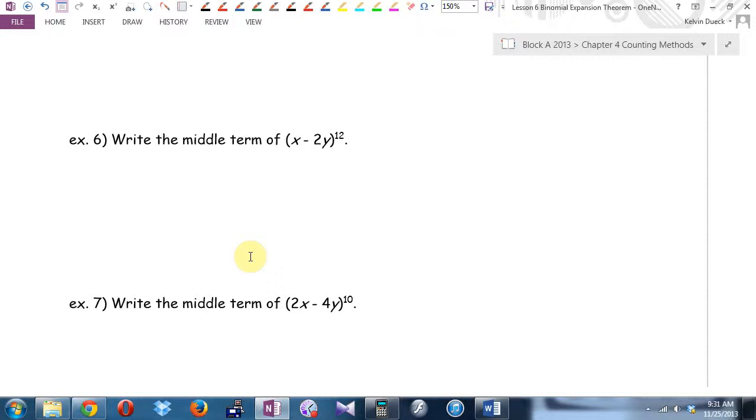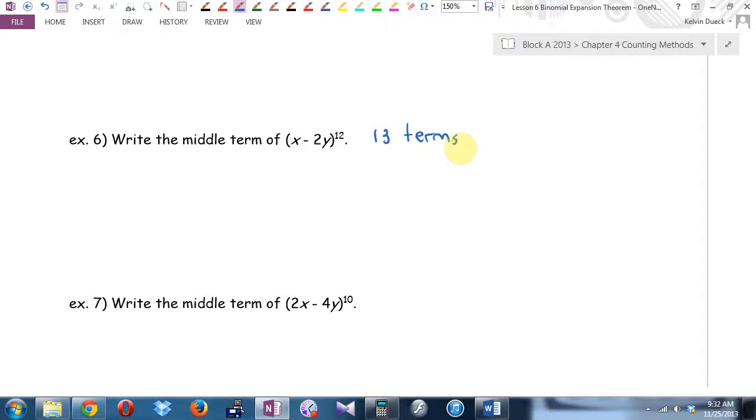Let's look at example 6. How many terms are there grand total in example 6? So if there's 13 terms, think very carefully, what term number is the middle term?